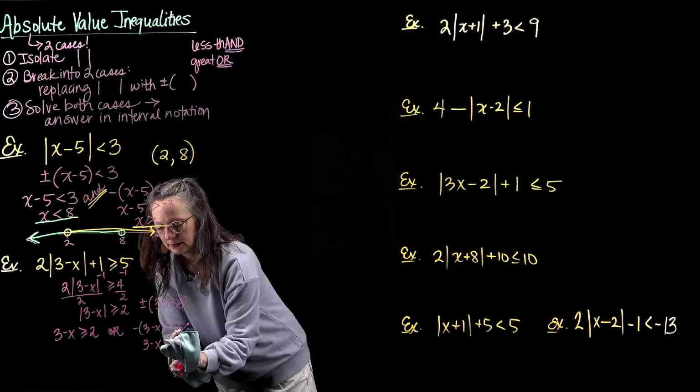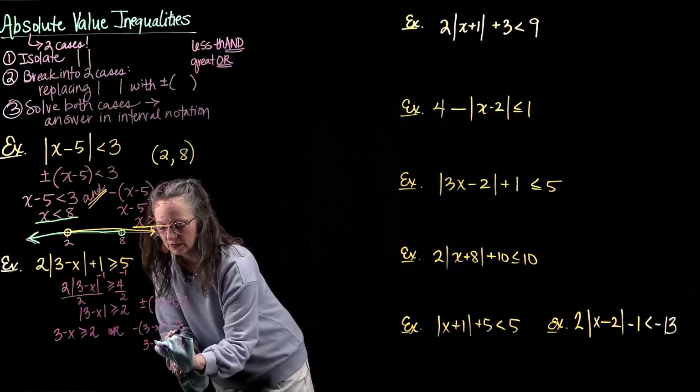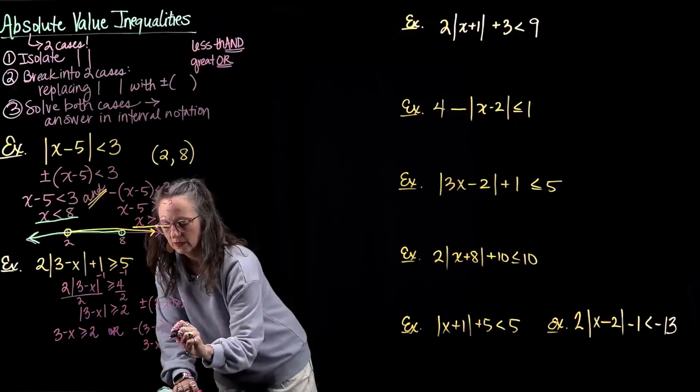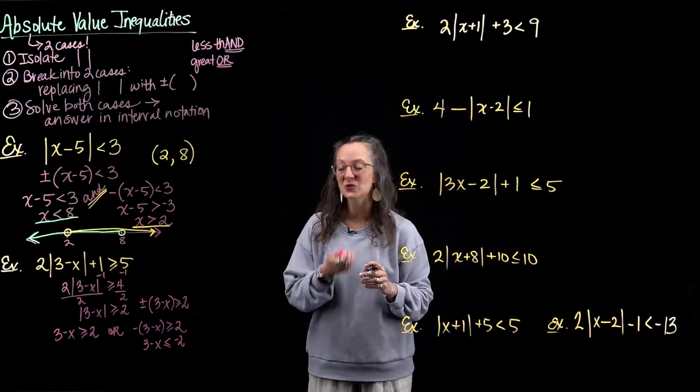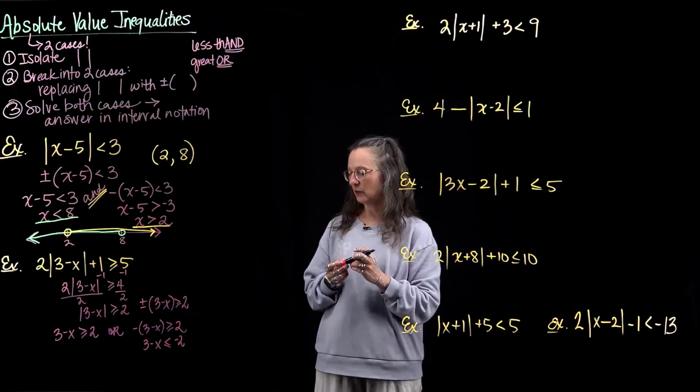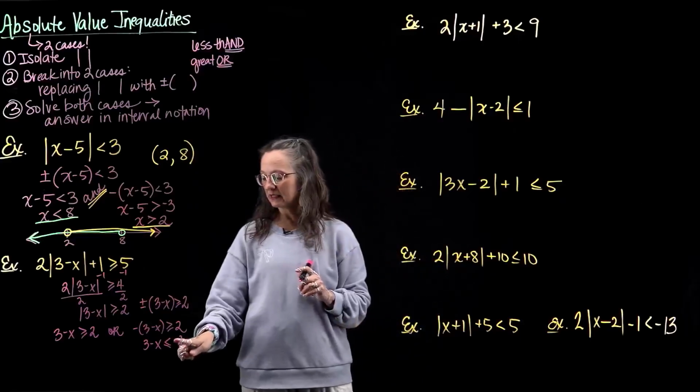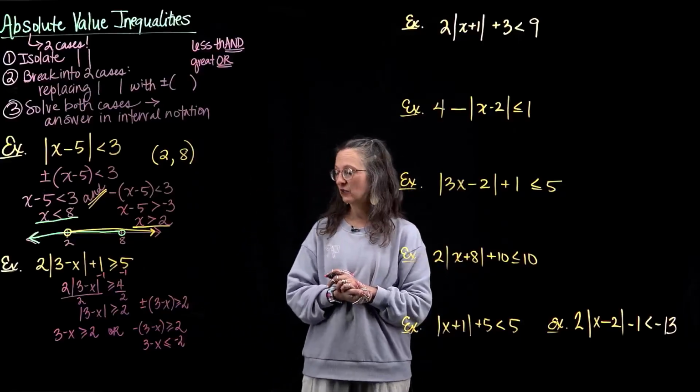And I made an error right there that I've been telling you not to make. Remember that when we multiply or divide by a negative number, we switch the inequality. So it will be 3 minus x less than or equal to negative 2.